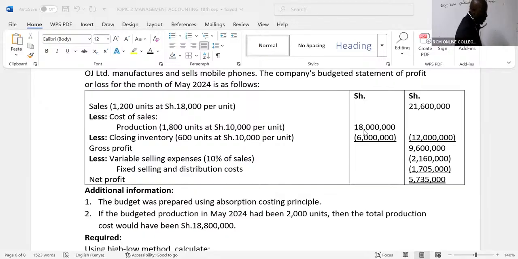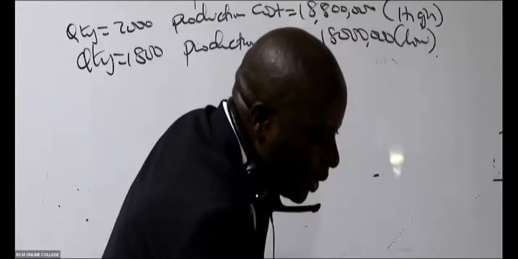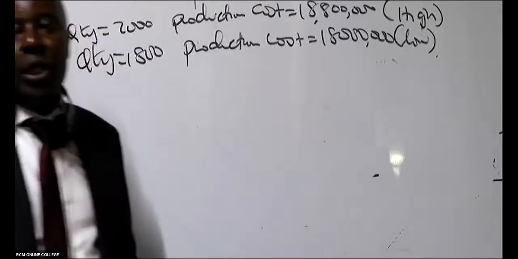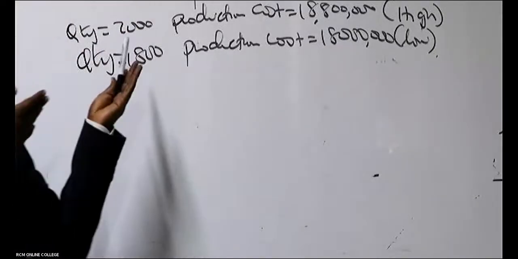So when production is 1,800, when quantity is 1,800, production cost equals 18 million. So basically, the higher quantity is 2,000. So this is the high, and this is the low. A lot of information being given to me with lots of nothing really, to just confuse me. Otherwise, the whole thing was there.